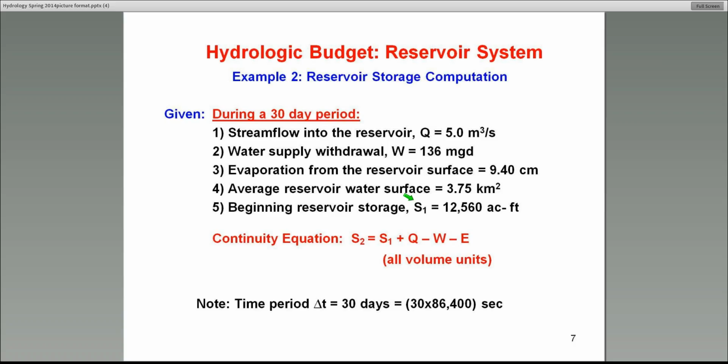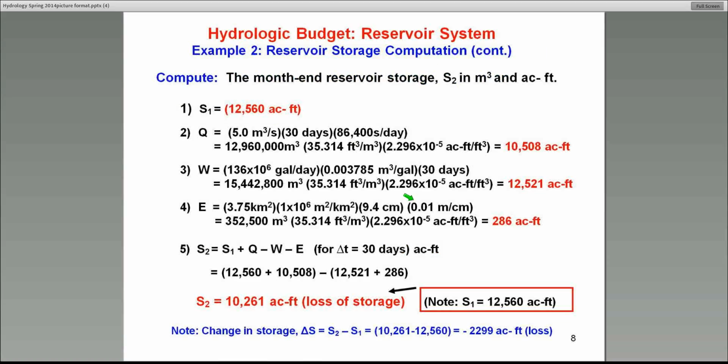Let's go to the next slide, and I'll show you how to convert each of these into that common unit. In this example, I've selected acre feet as my unit of computation. If the problem wants to compute it in cubic meters, then I suggest you redo this problem in SI units. Maybe you want to go home and try that.